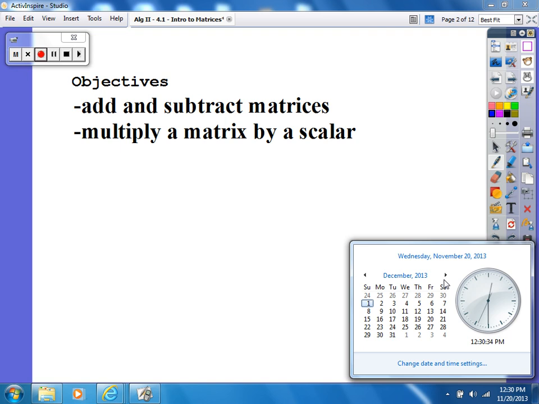Now, matrices are one of those things that you use in your everyday life. You just don't realize it. You probably use it quite often, maybe once or twice a week, but you just don't think of it. Raise your hand if you like to look at baseball statistics. Baseball stats are all set up as a matrix.